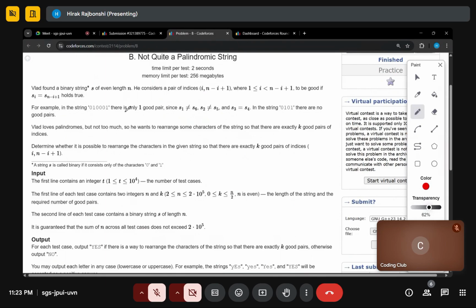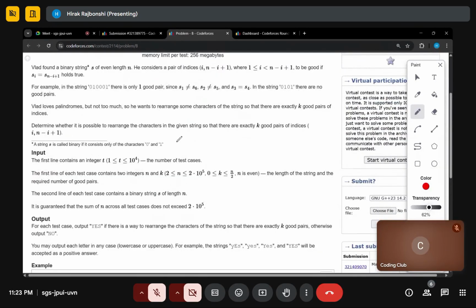Now here is given some example for this binary string. S1 and S6 is not a good pair. Similarly, S2 and S5 is not a good pair, but S3 and S4, these two are equal, so this is a good pair. Now the question is, Vlad loves palindromes, but not too much.